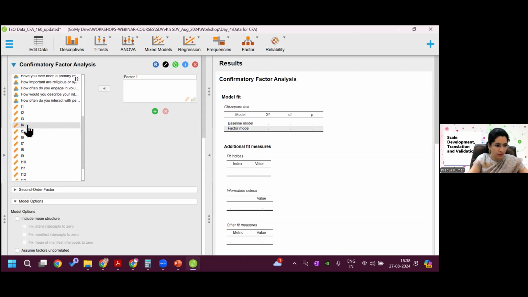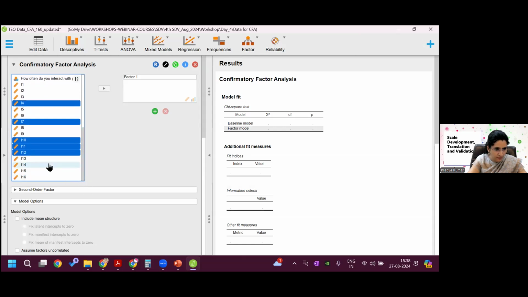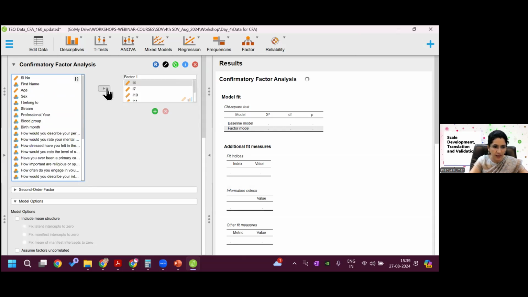Item number 4, and press Control. 4 on your computer. 4, 7, 10, then 11, 12, and 14. You can enter this in factor 1.